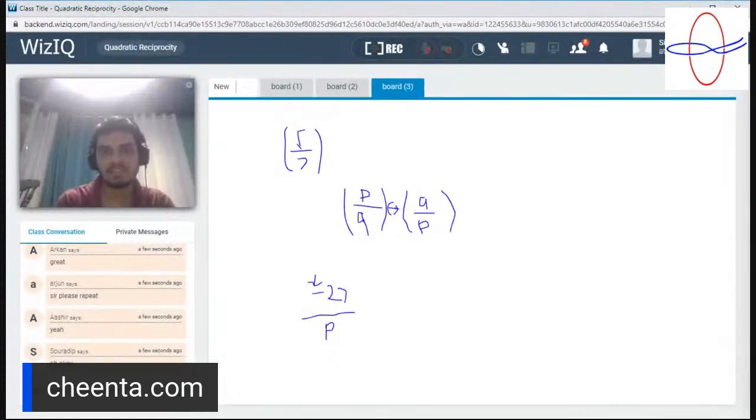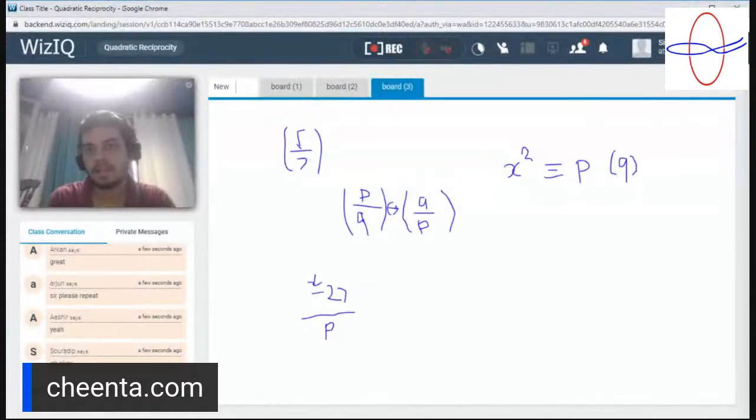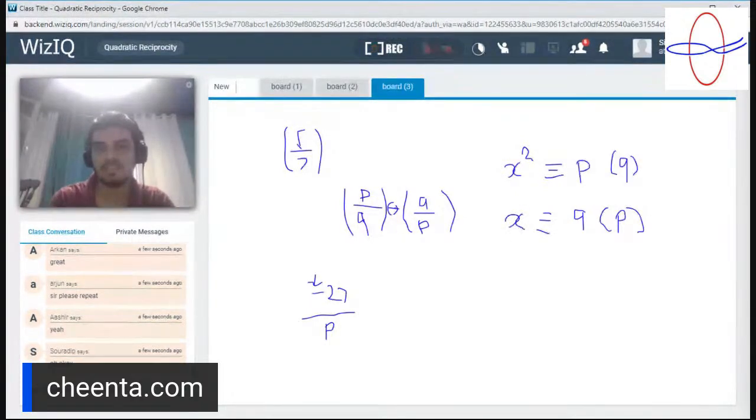To make sense of this, what we are trying to do here is to find a relation between the existence of a solution for x square congruent to P mod Q and x square congruent to Q mod P. This is where the meaning of the word reciprocity comes, because we're looking at two seeming reciprocals here, P by Q and Q by P, right?